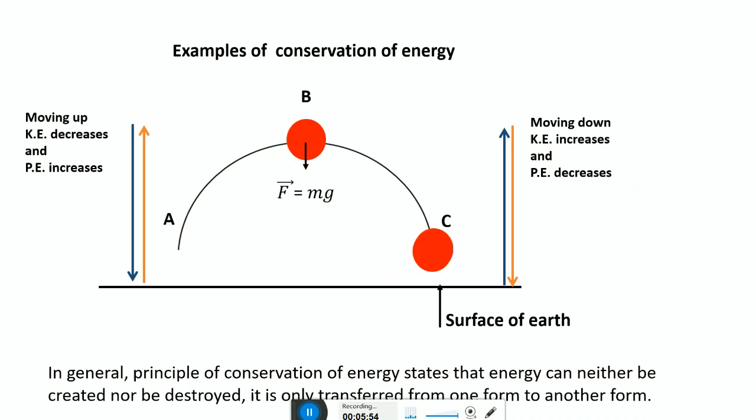In general, the principle of conservation of energy states that energy can neither be created nor destroyed. It is only transferred from one form to another. Means in this case, total energy remains constant. As kinetic energy decreases, potential energy increases, so that total energy remains constant. Similarly, when the ball goes from position B to C, kinetic energy increases and potential energy decreases, so that total energy remains constant.